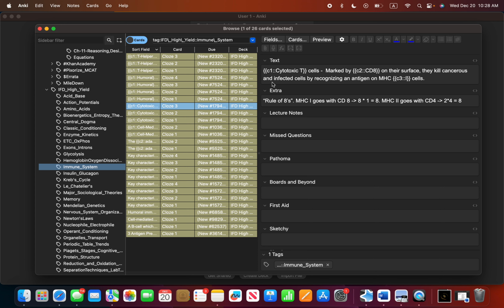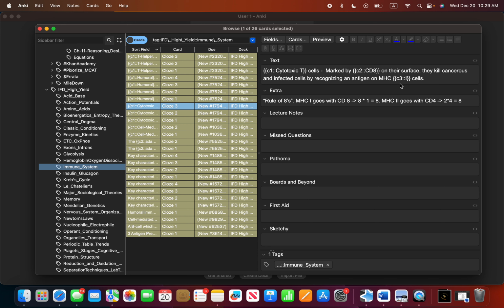So we know that the B cells were collaborating with the helper T cells. Now there's another type of T cell, which is the cytotoxic T cell, and it is marked by CD8 on the surface, and they kill cancerous and infected cells by recognizing an antigen on MHC1 cells.